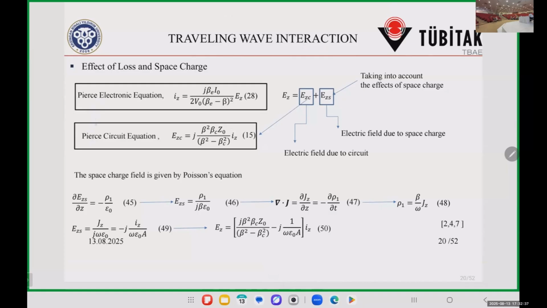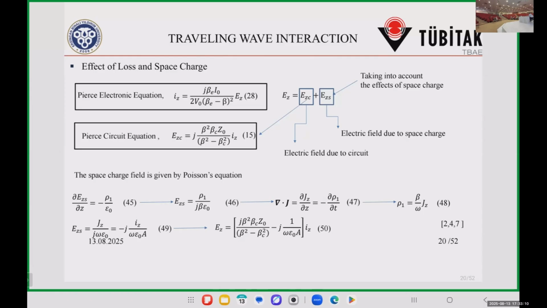From the Pierce circuit equation, we can write E Z here. This E ZC means the electric field due to just the circuit, no space charge.